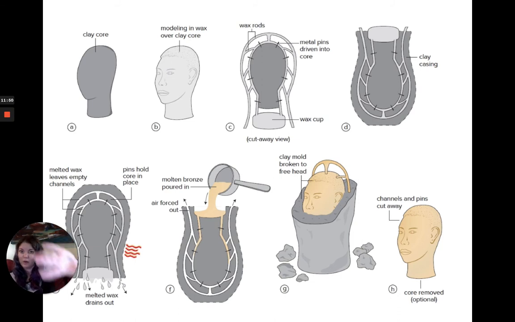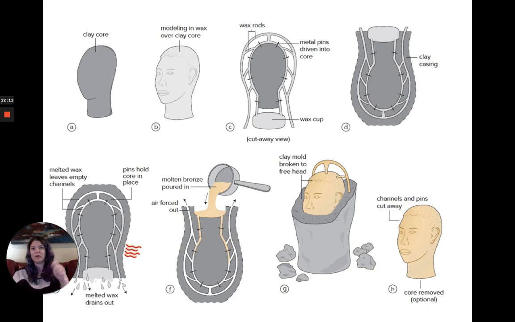And so everywhere where there was wax, there's now your metal. Okay, so when it cools, it hardens, and you have this metal creation. Then you just break all the clay off that you had around the outside to keep it intact.